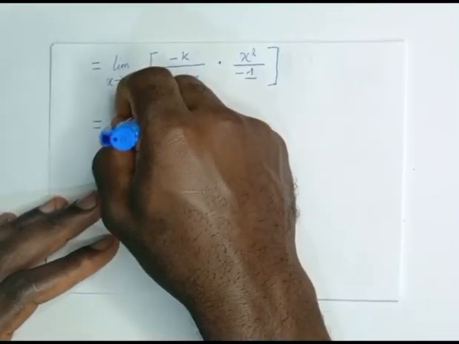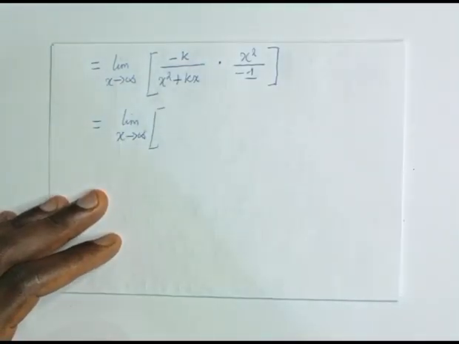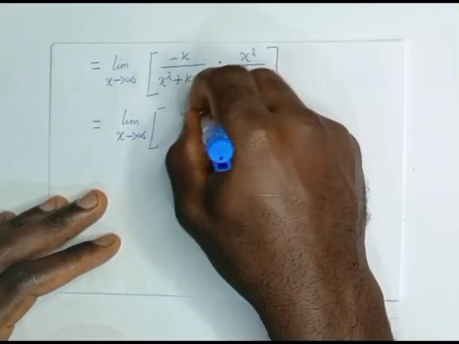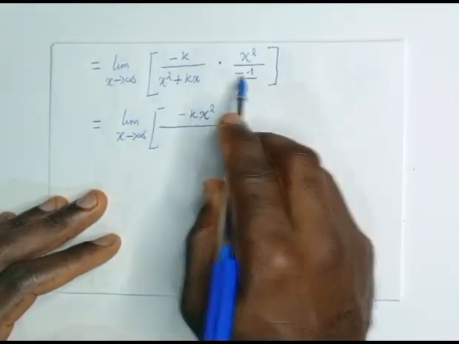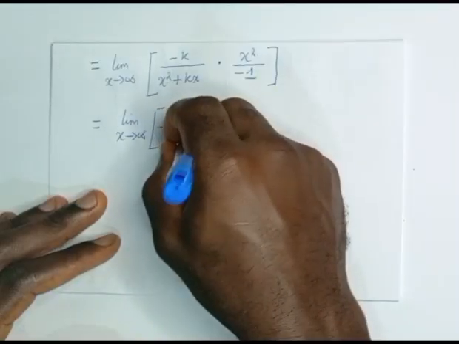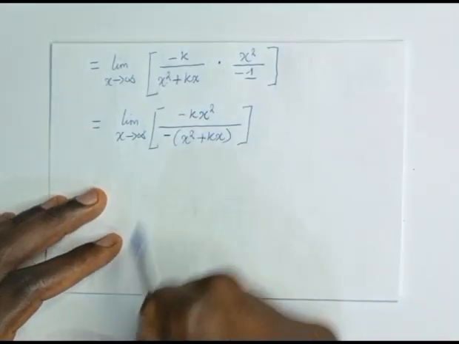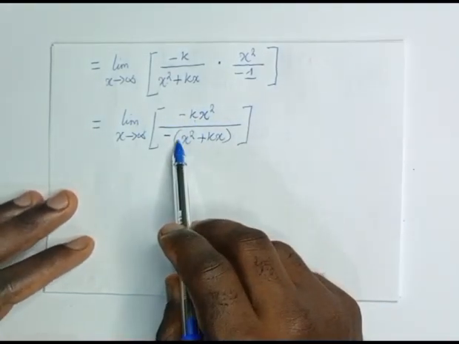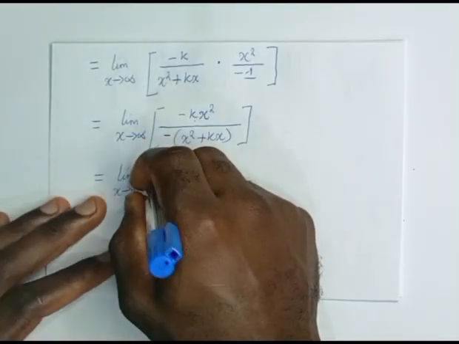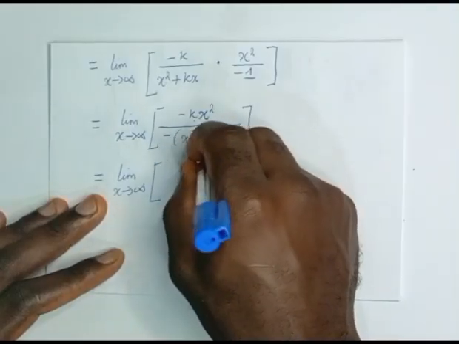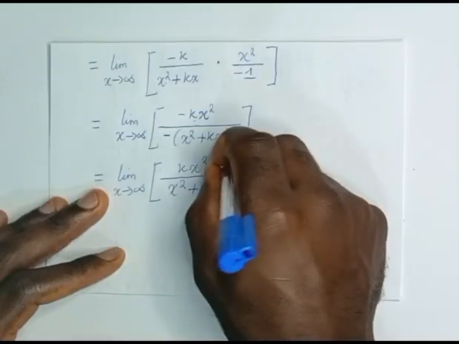This will simply be equal to the limit as x tends to infinity of negative k x squared all over x squared plus kx times negative 1, which gives us negative x squared plus kx. We are dividing a negative numerator by a negative denominator. It becomes positive. It gives us the limit as x tends to infinity of kx squared all over x squared plus kx.